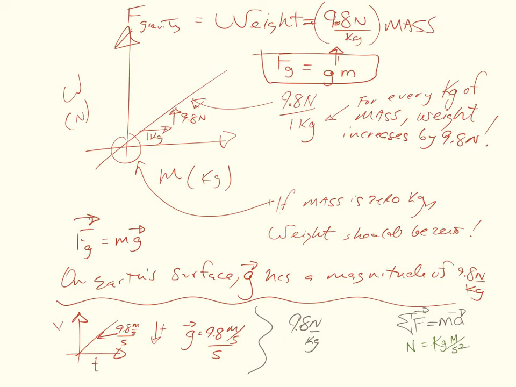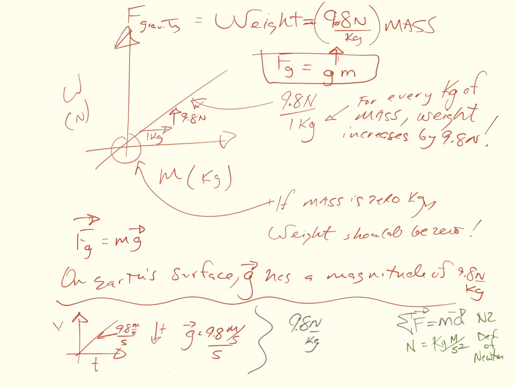Good. So our definition of a newton comes out of Newton's second law. A newton is a kilogram of mass with a meter per second squared of acceleration. That would take 1 newton of net force to cause.